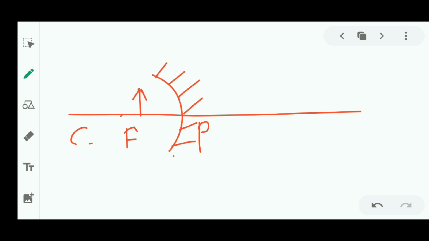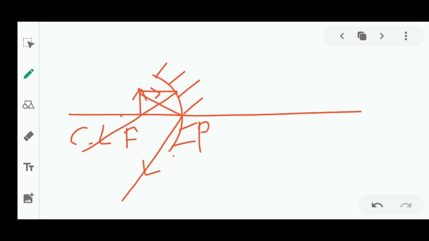A ray from this point which is parallel to the principal axis, after reflection goes through the focus. Another ray, which is coming towards the pole, after reflection will go like this, but the angle of incidence and angle of reflection are the same.